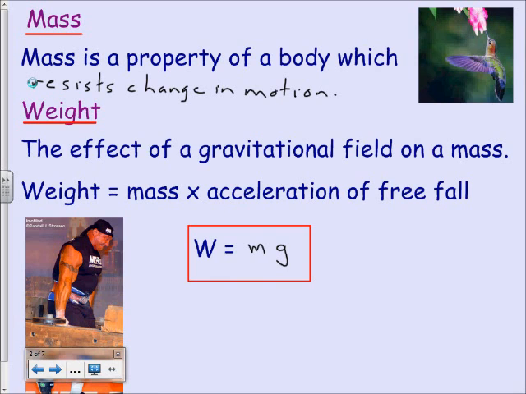Weight is measured in newtons. g is force divided by mass. All right, so in our statement here, we're calling g the acceleration due to gravity. You could also call g the gravitational field strength.